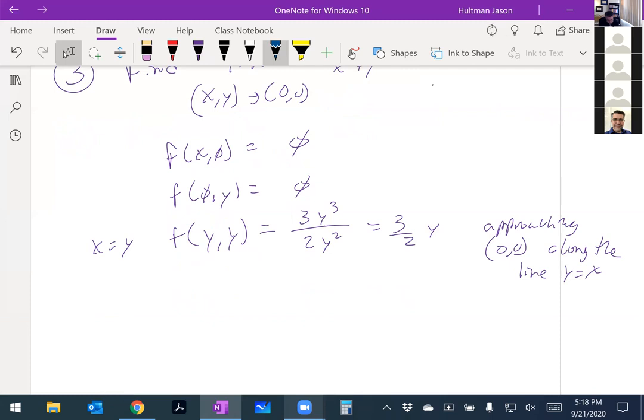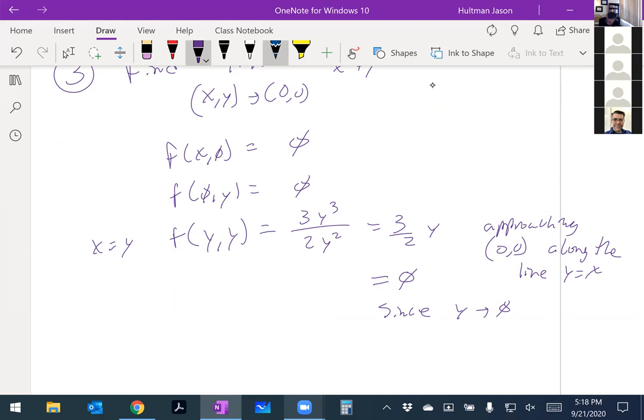And we're going to say that this is equal to 0, since y is approaching 0. We can get there along this line y equals x.